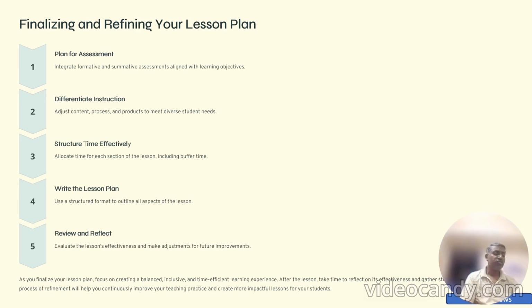Then the last one is reflection. Reflection is nothing but notes for improving future lessons. How we have to provide some additional support for them to give a good direction. And the last one is review. Review is very, very important.